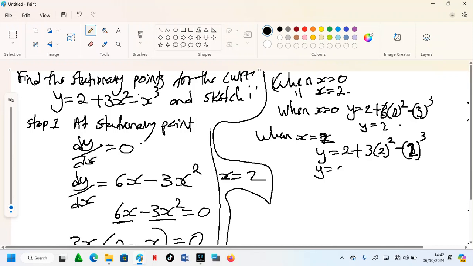So 2 squared is 4, times 3 is 12, and then minus 2 cubed, which is 8. 2 plus 12 is 14, and then 14 minus 8 is 6. So y is 6.